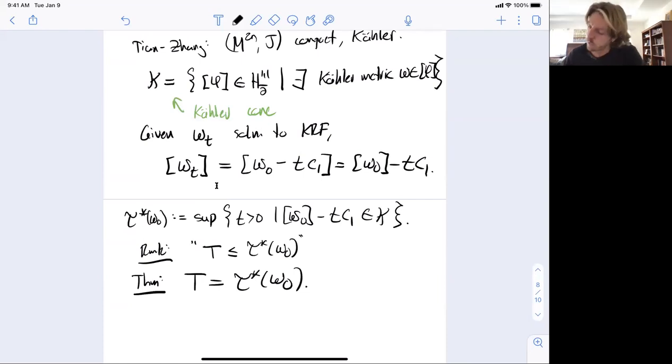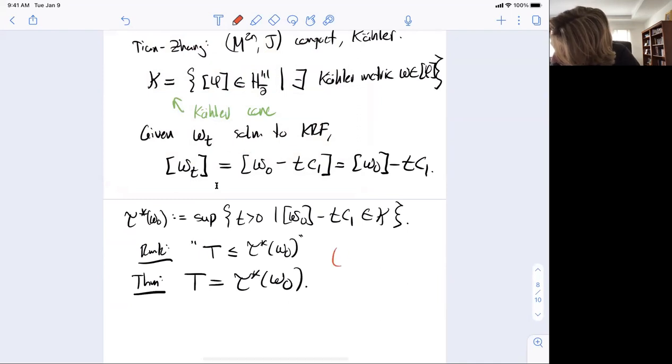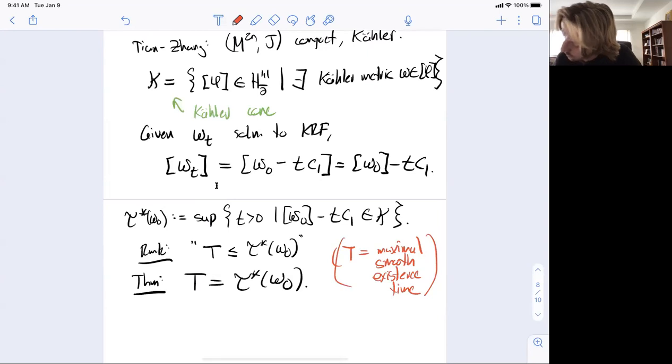And again, maybe just for emphasis, this T is the maximal smooth existence time.